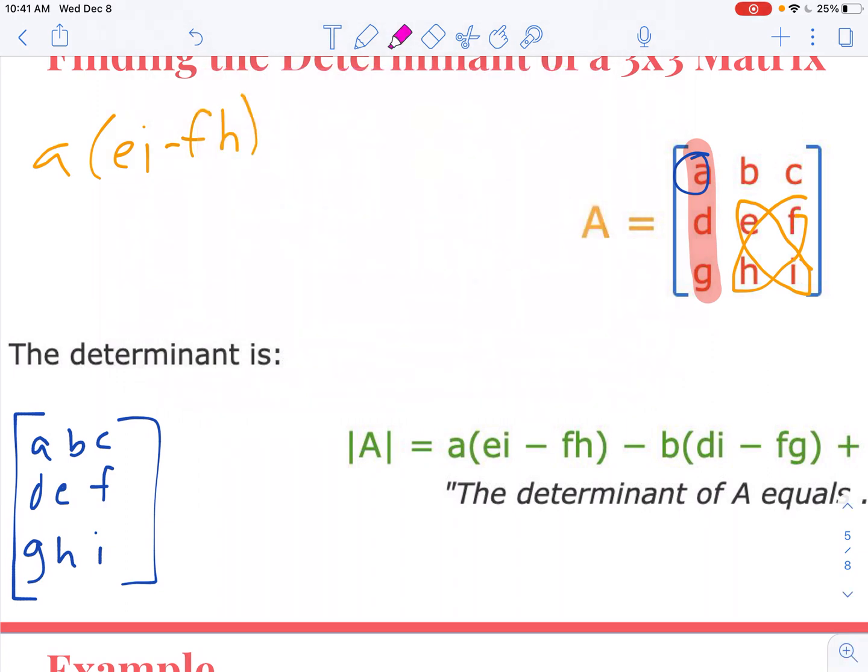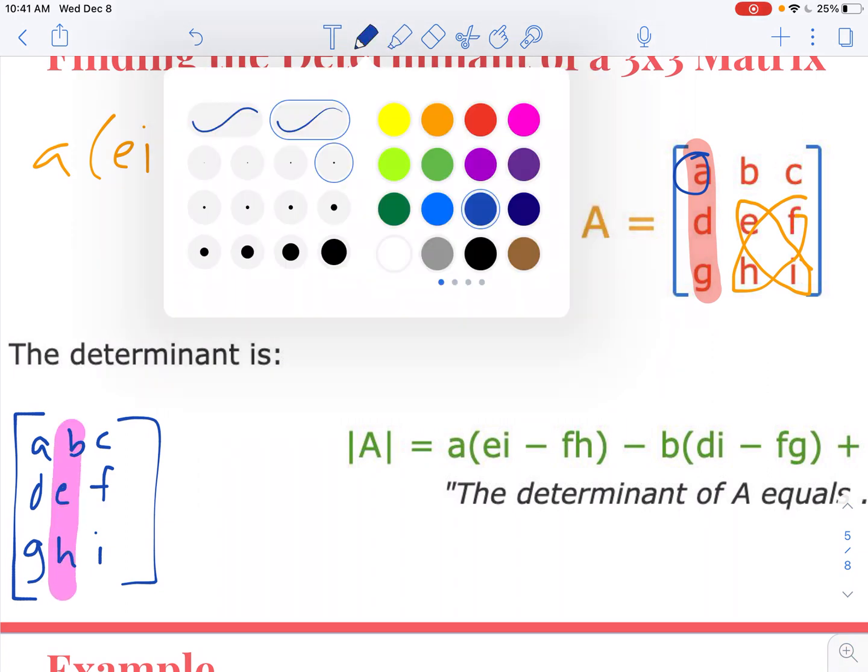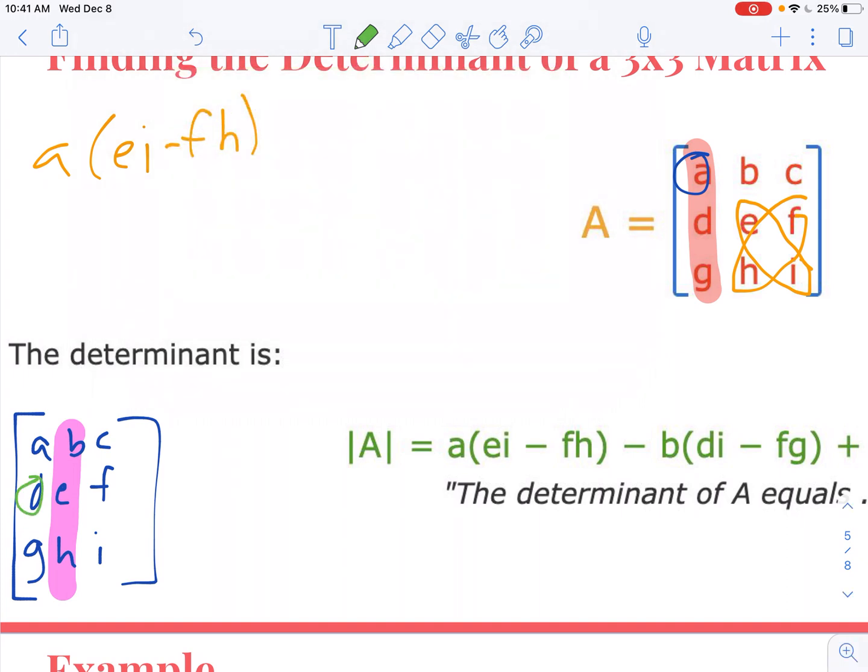I've got B. Now I'm going to take B and multiply by the determinant of the matrix that's left over. I blocked out the row and column that B is in, and I'm going to multiply by that next matrix. So that's DI minus FG.